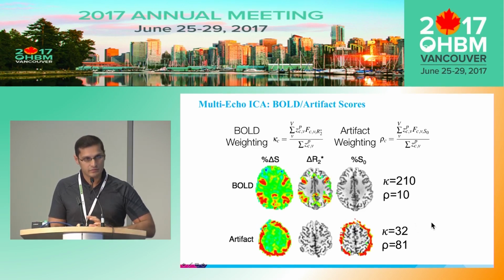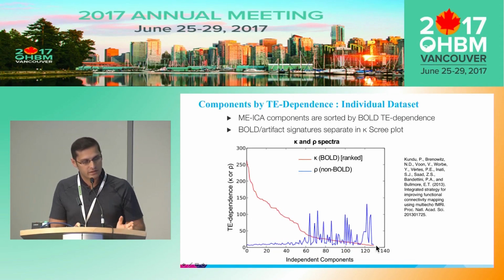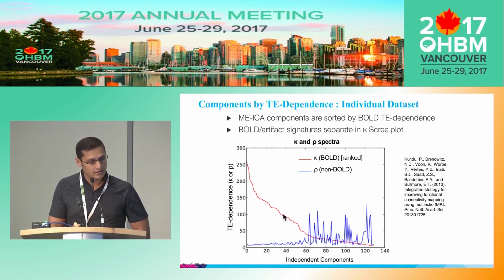So how does this play out over an entire decomposition? Given a 10-minute acquisition of an individual subject, the multi-echo ICA decomposition in this particular case gave 130 components. If you go component by component and compute the kappa and rho of each component, then render the kappa values as a scree plot, a descending rank-ordered kappa value, you see this red line here.